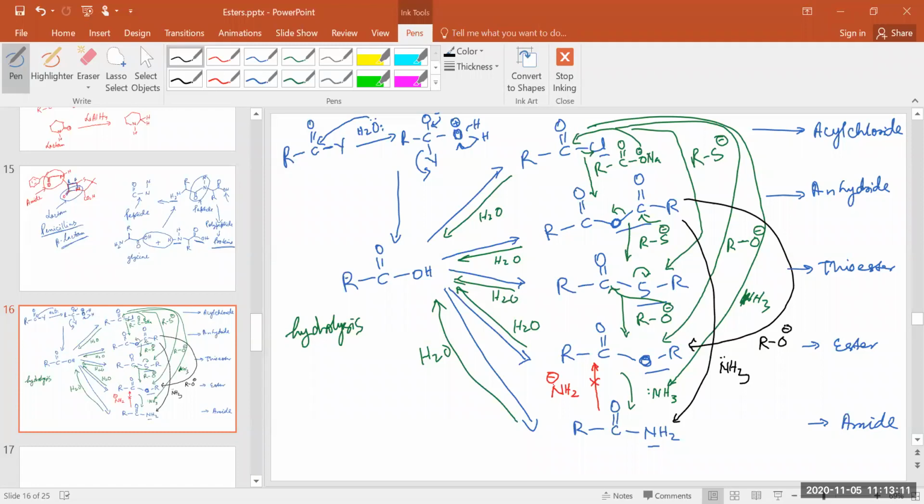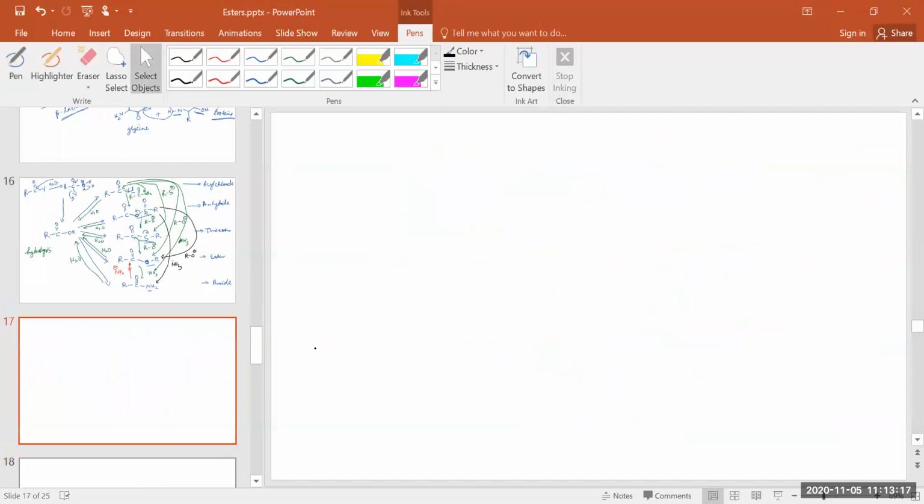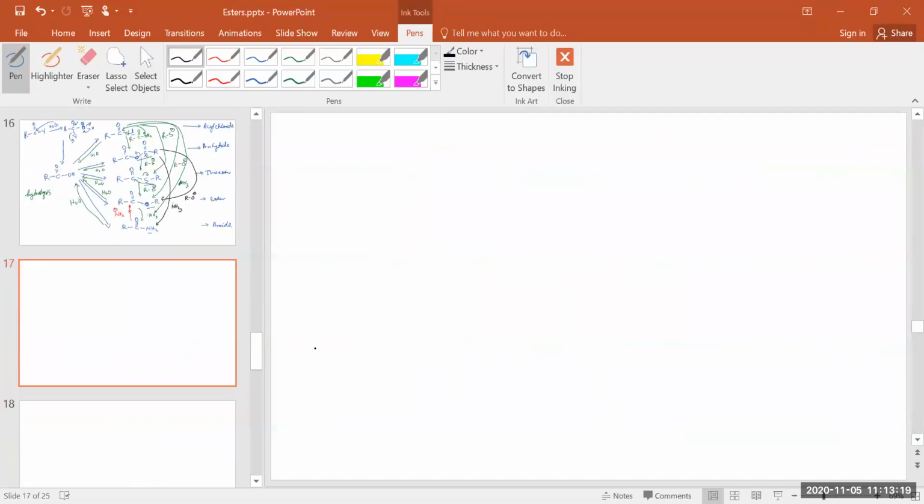First, we'll talk about the nomenclature. So first, the acyl chlorides. Acyl chlorides are very important. This is generally called acyl chloride. This portion is acyl and then chloride.